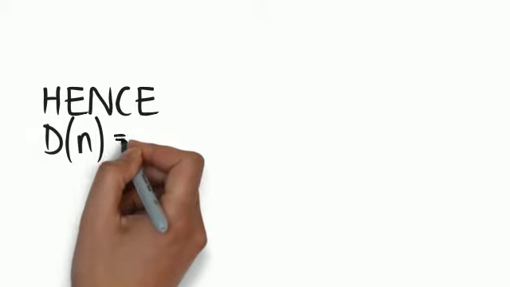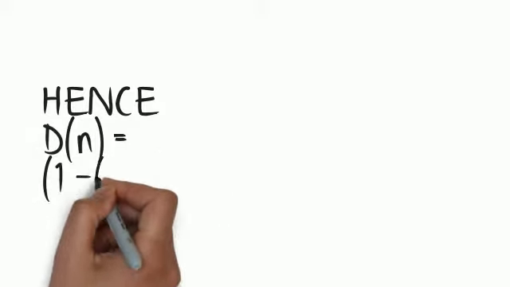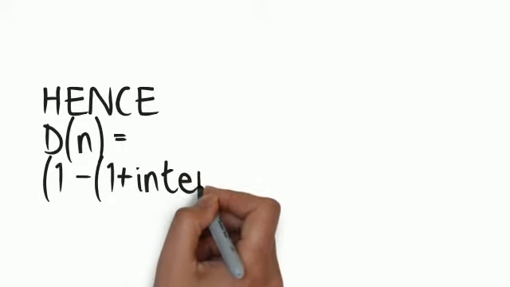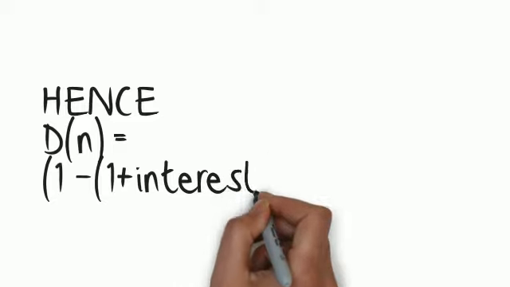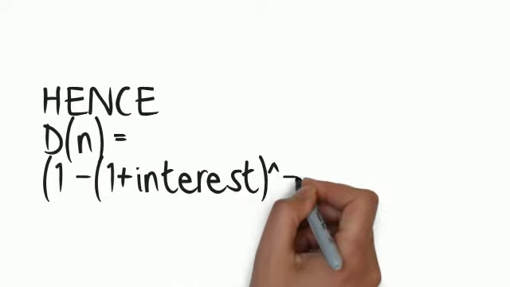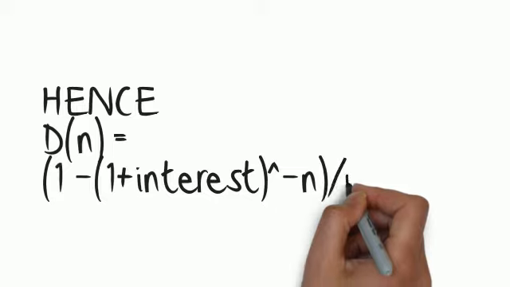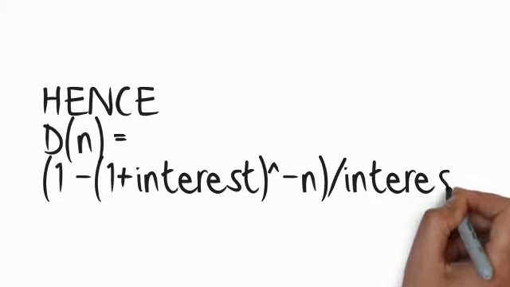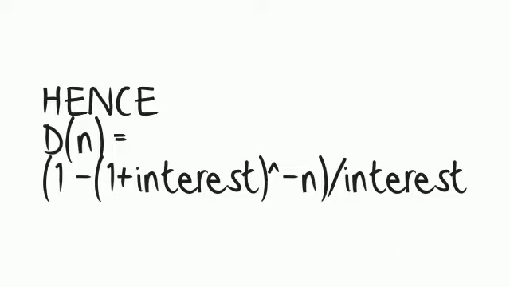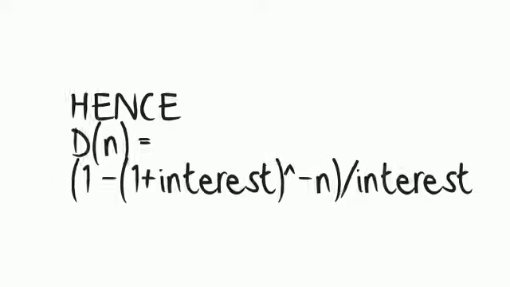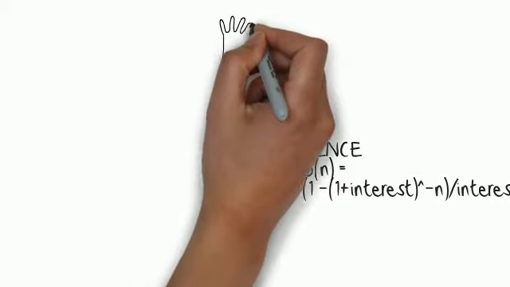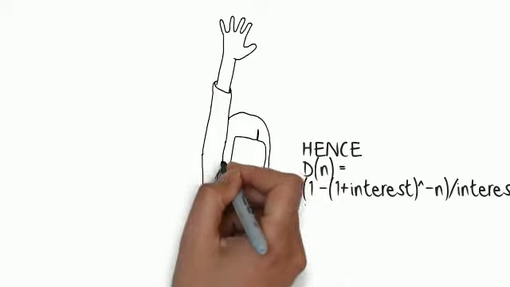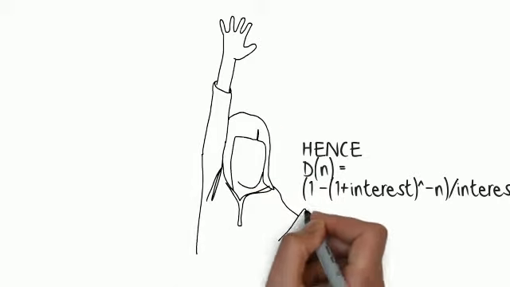Now, D of n can be simplified. I know you think this is complicating it. D of n would be equal to 1 minus, now you need to hold bracket, 1 plus the interest raised to the power of minus n, all of that in brackets divided by the interest rate.